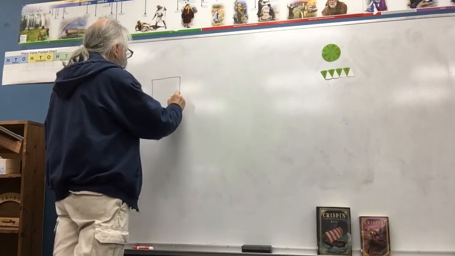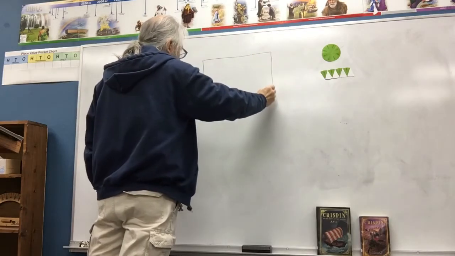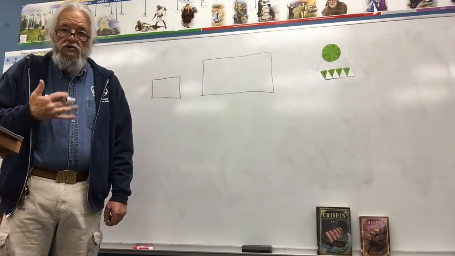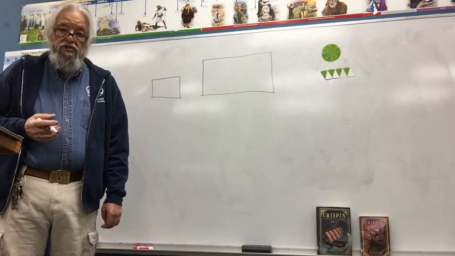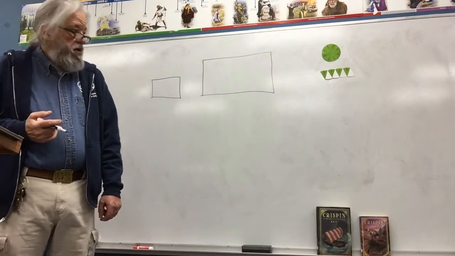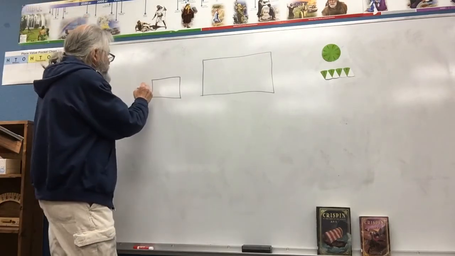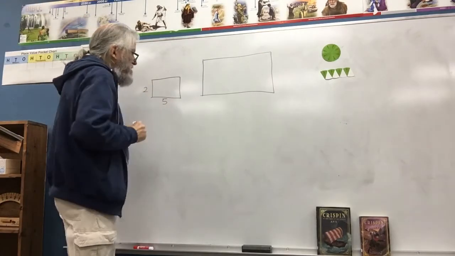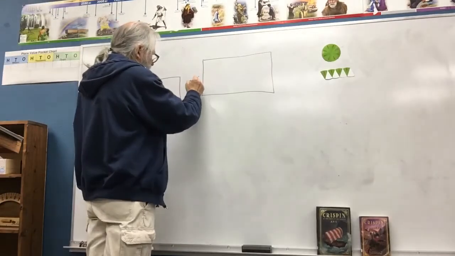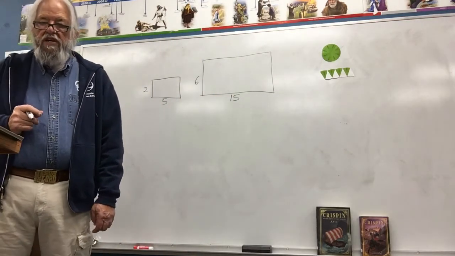Remember, if they're similar, they're the same shape, but different size. So this goes back to, guys, proportions. So if I have, like their example, they have 2 on the side, 5 on the bottom on the smaller rectangle, and they have 6 on the side and 15 on the bottom for the larger rectangle.